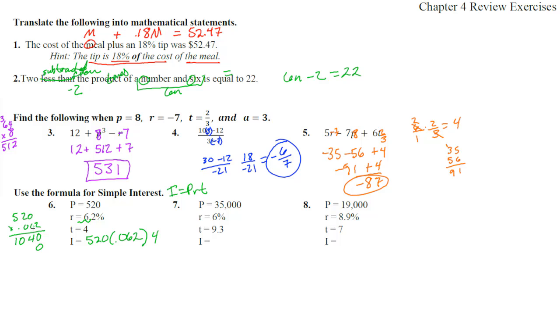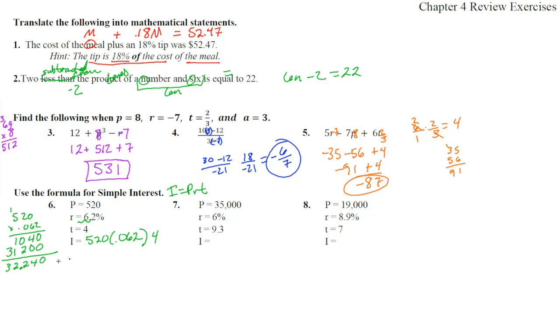Put a 0 there for the second column over. And then 6 times 0 is 0, 6 times 2 is 12, carry 1, 6 times 5 is 30, plus 1 is 31. So we get 0, 4, 2, 1 plus 1 is 2, and 3. We have 3 digits behind the decimal place.